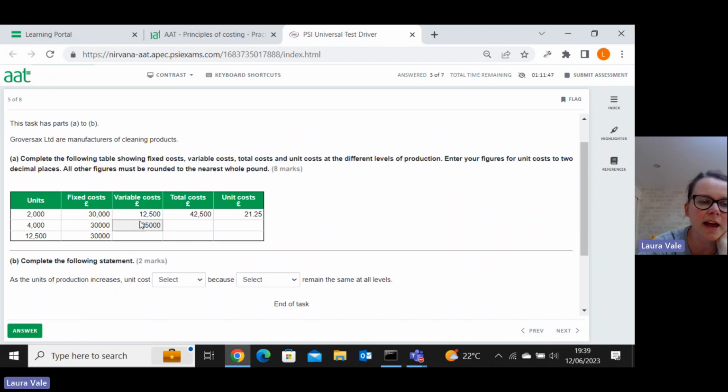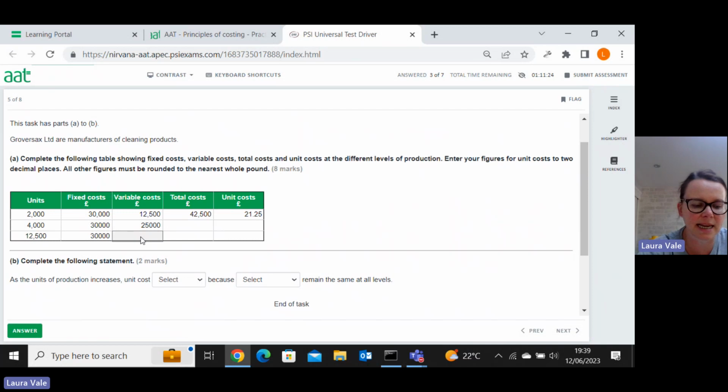Or you could say it's £12,500 for 2,000 units, so on the calculator, 12,500 divided by 2,000 is £6.25 per unit. And then we can multiply that by the 4,000, which gives us 25,000.